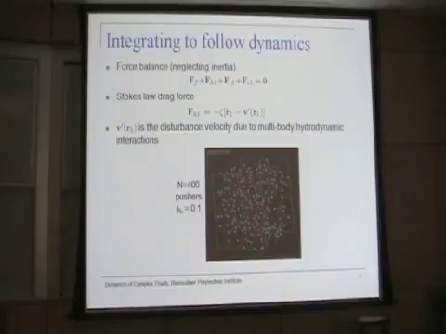Other than the swimming, it's a perfectly stagnant fluid. You're only getting fluid motion because of the swimming of the organisms. As a comment to Aparna's talk, the way we formulate this, we could do it as a pairwise additive calculation, but that still captures the multi-body hydrodynamic interactions, which is a slightly subtle point.